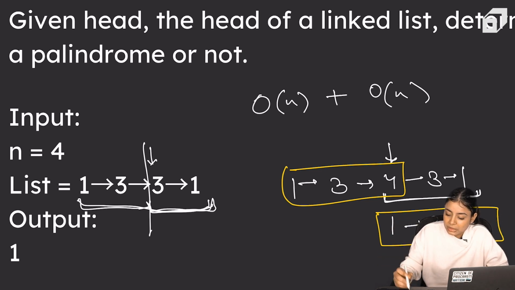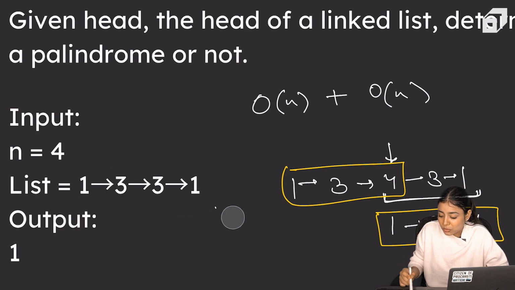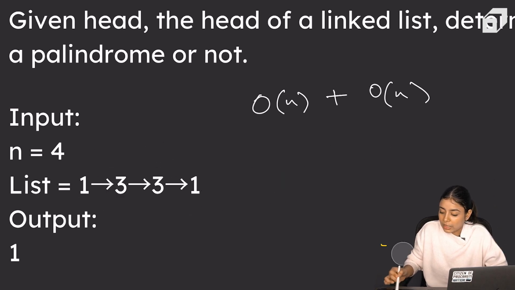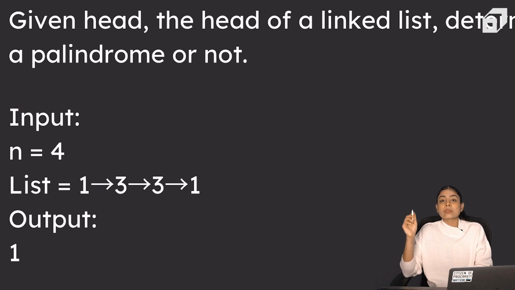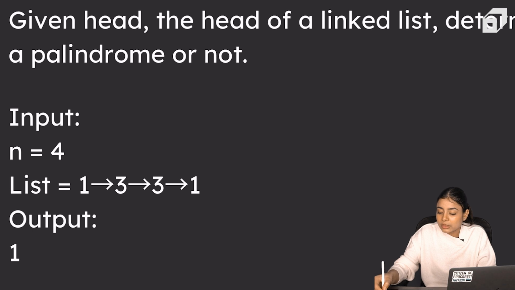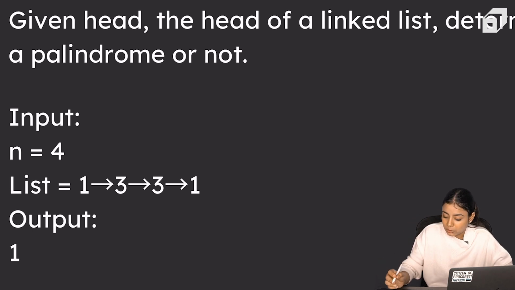So this is something that we can do, right? Because we've already seen how to find the middle point, how to reverse the linked list, and how to compare if they are equal. All right, so this should be pretty easy.